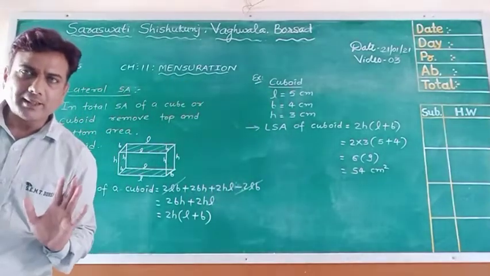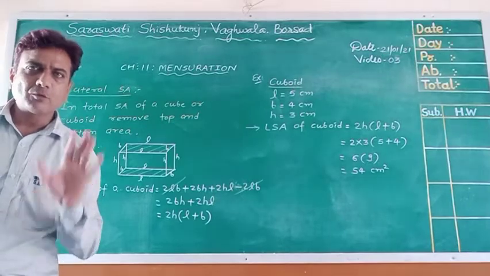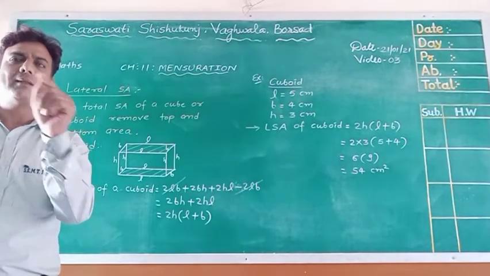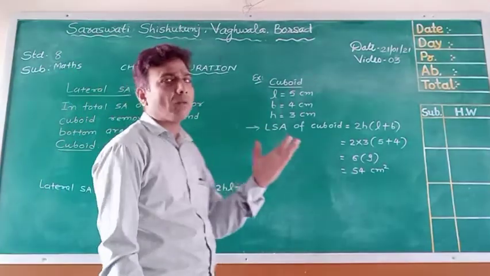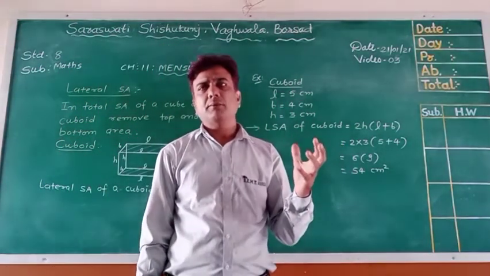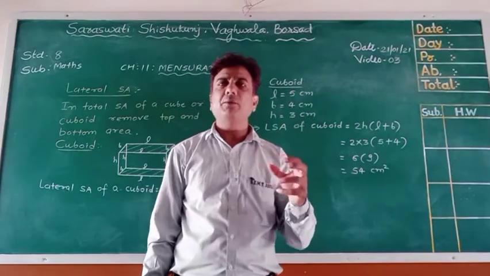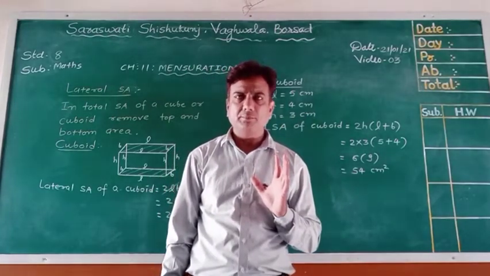Is it clear, beta? Understood this? So whenever they ask to find lateral surface area, we only need the 4 walls.